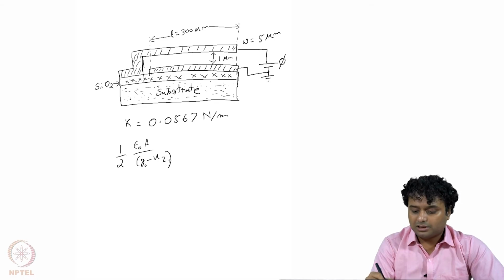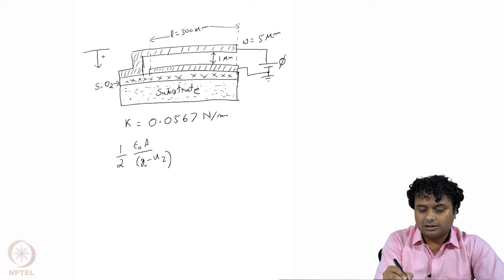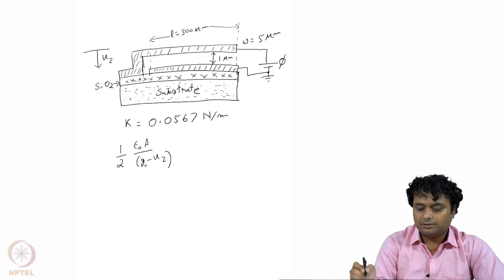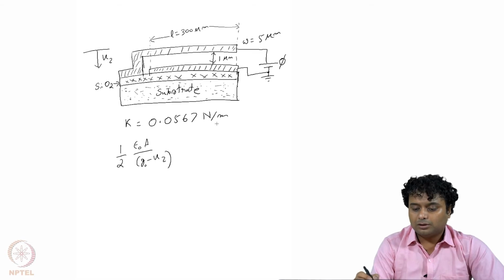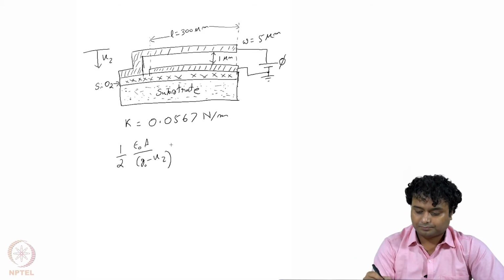So I am considering the deflection in this direction as uz, positive uz. While the beam is not deflected, uz is 0, and while the beam is completely on the bottom plate, then uz is equal to G0.